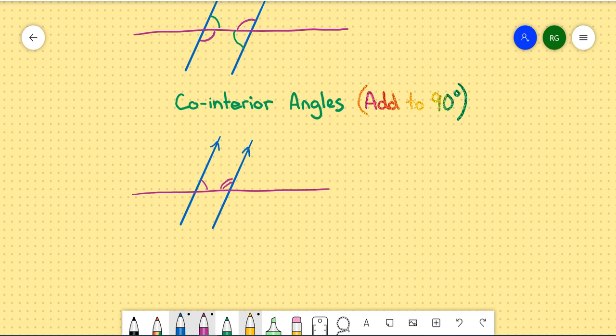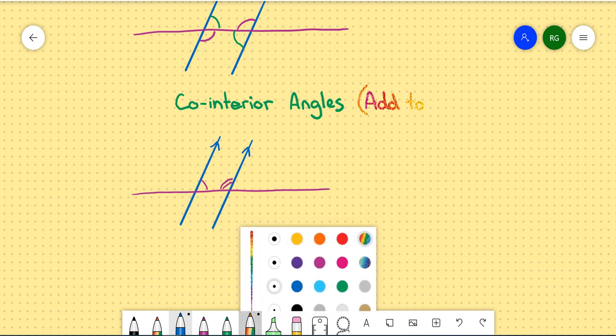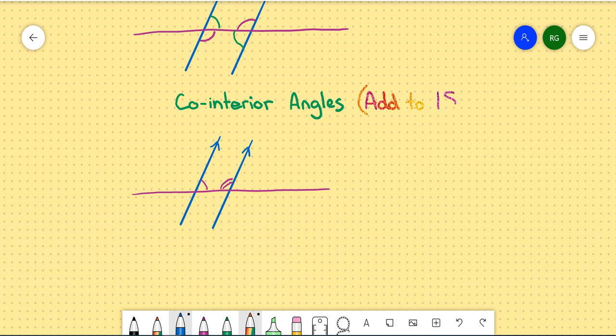That's a bit silly of me. They actually add to 180 degrees. Glad I picked that up. So those two internal angles, or co-interior, think of the word interior, means inside, angles add to 180 degrees.